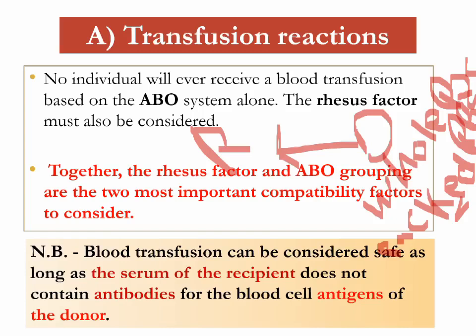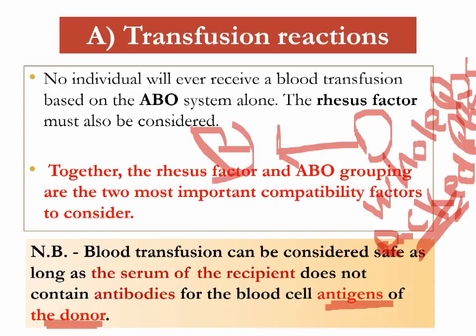So I will talk about the case of transfusing packed RBCs. So when you transfuse packed RBCs, you are transfusing red blood cells with antigens expressed on the surface of the RBCs. So you look for the donor, you look for the antigens of the donor, right?